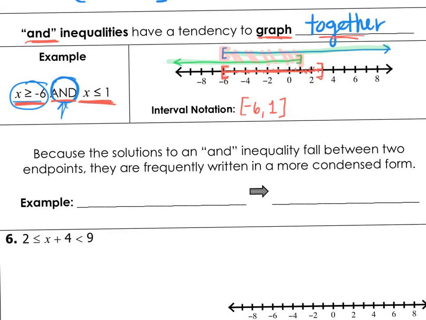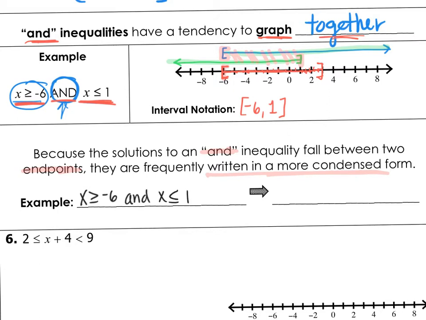So because the solutions to an AND inequality fall between two endpoints, they're frequently written in what's called a more condensed form. So for example, the one we just talked about, x is greater than or equal to -6 and x is smaller than or equal to 1.